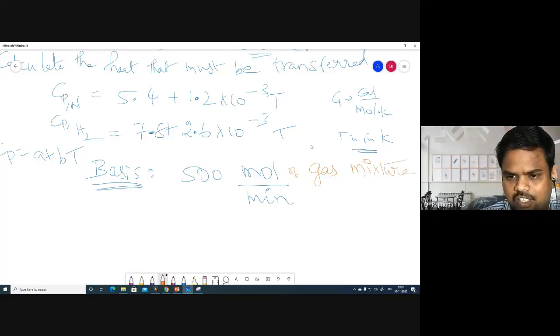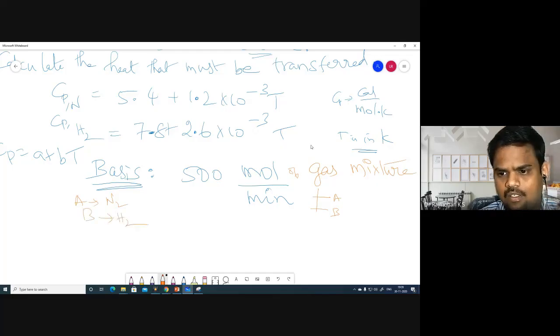So that means that it is containing A and B, right? Let me say A is nitrogen and B is hydrogen. So we are having the fractions here. My fractions are given. Nitrogen is 0.35, hydrogen is 0.65. Total should be 1. Yes.